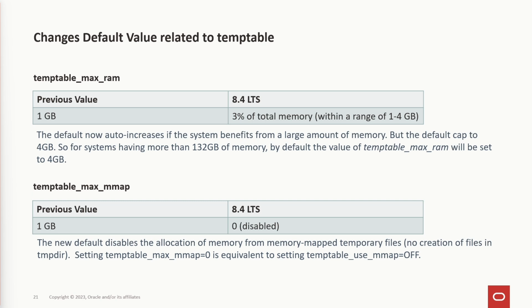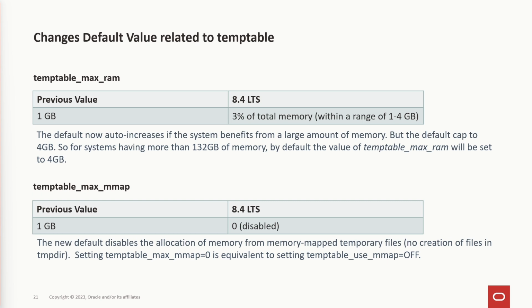The other one is related to temp table. Temp table is a session variable. So we have a maximum temp table max RAM, previously 1 GB, but nowadays, as I said, my customers sometimes use more than 200 GB, sometimes more than 300 GB.